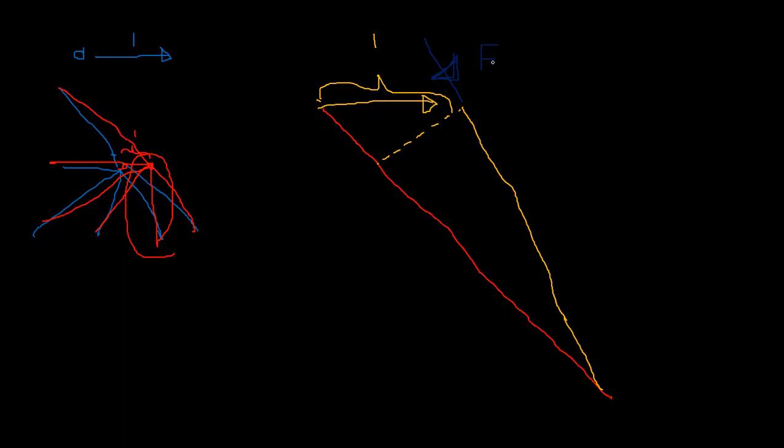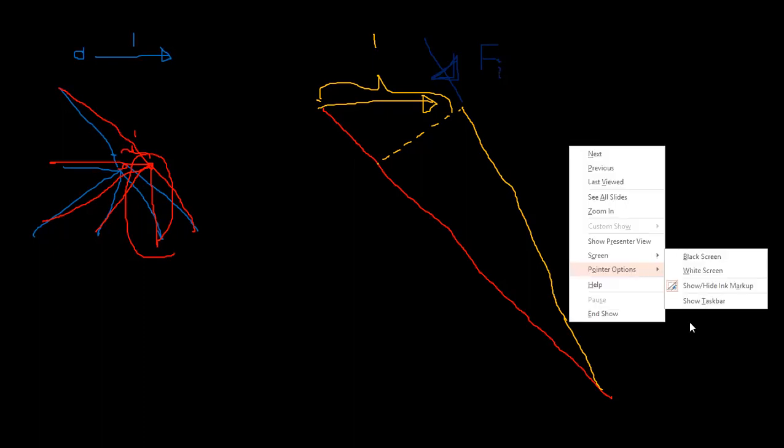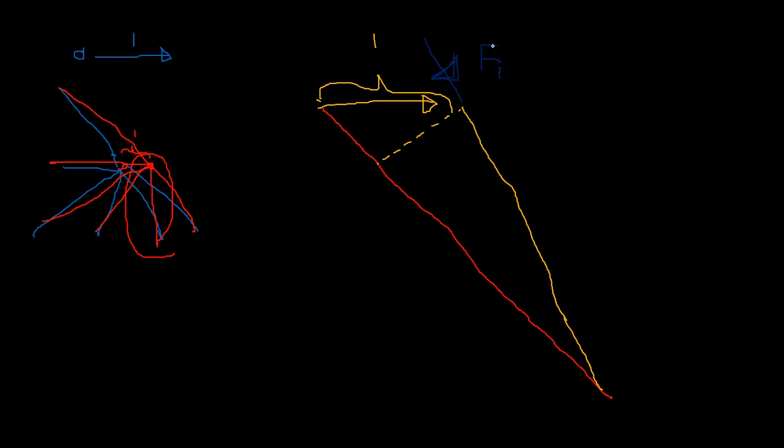Let's call it Fi. This is theta I for the ith member. So that means this is 1 into cos theta I. So the change in length for the ith member is cos theta I.